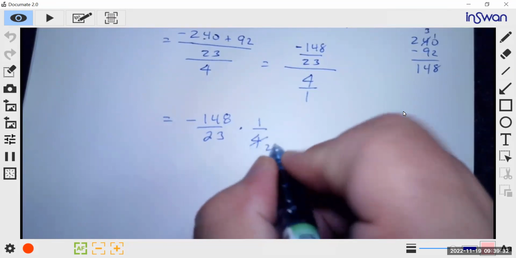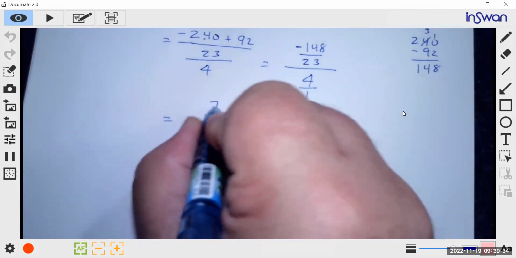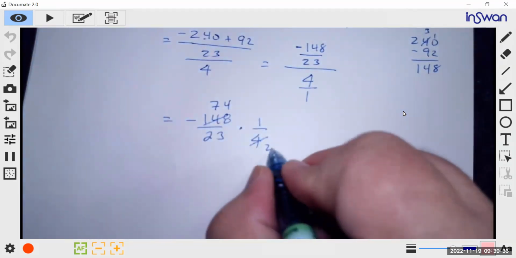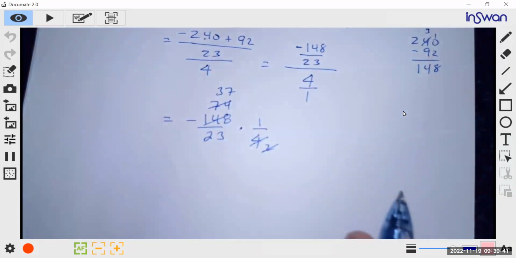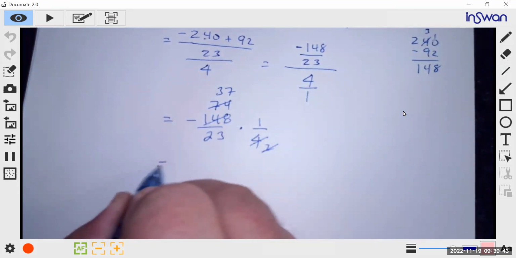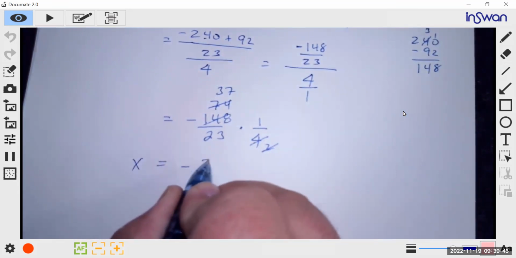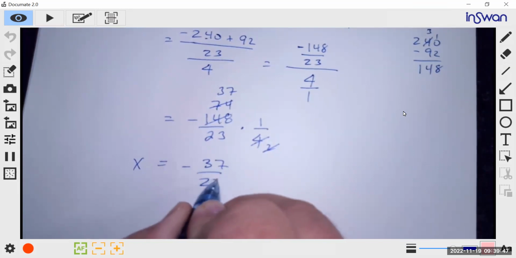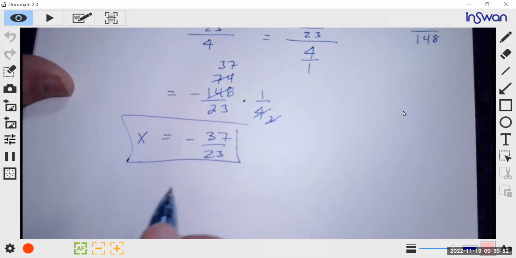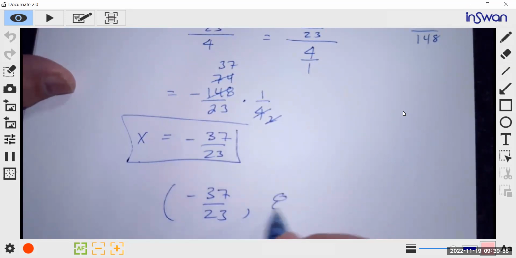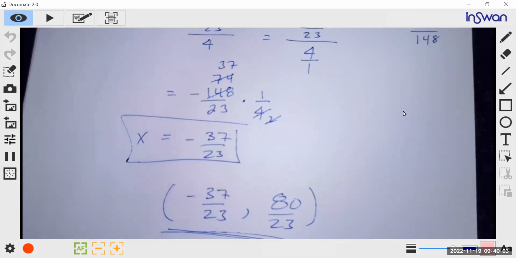So 2 goes into 4 twice, and 2 goes into 148 74 times. So the answer is x equals negative 37 over 23. There's my XY solution. That's where they intersect.